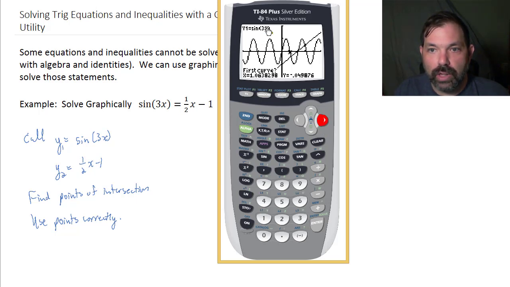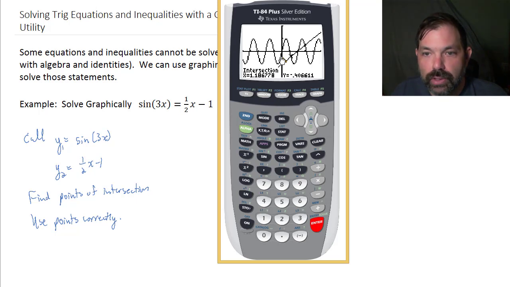So notice it says y1 equals sine 3x. I'll hit enter. The second curve is the 1/2 x minus 1. I'll hit enter a second time. And then for the guess, just move your cursor near the point of intersection using left and right as necessary, and hit enter a 3rd time. So here's my first point of intersection. I'm going to try and drag this over to the screen.